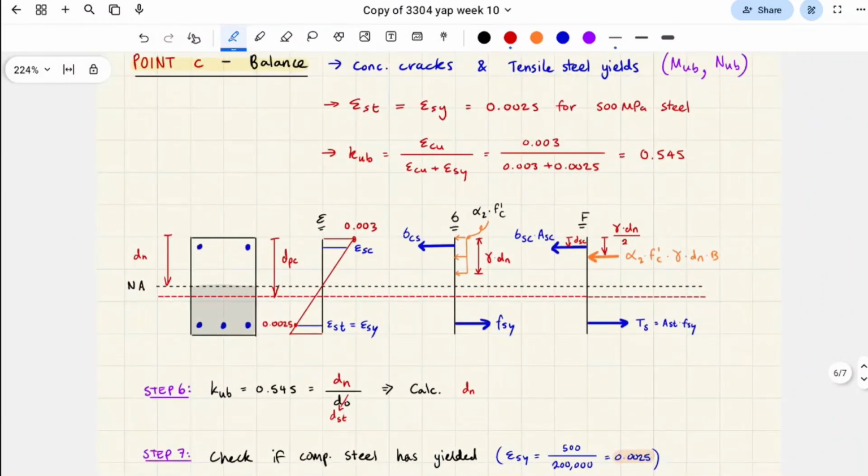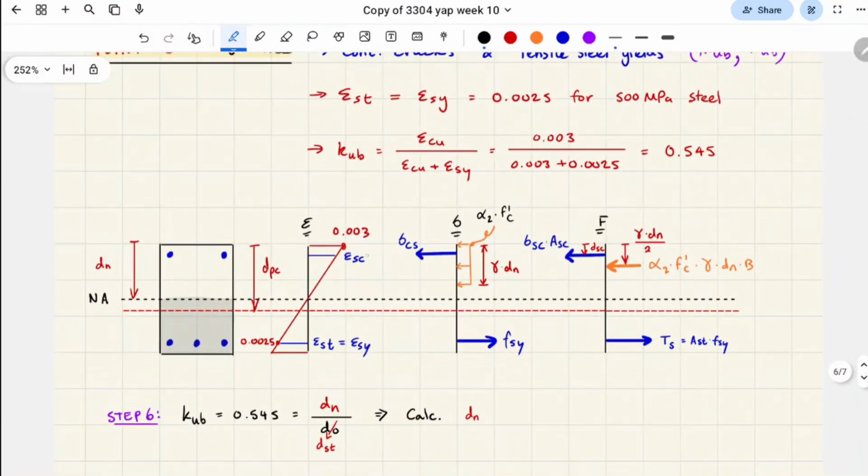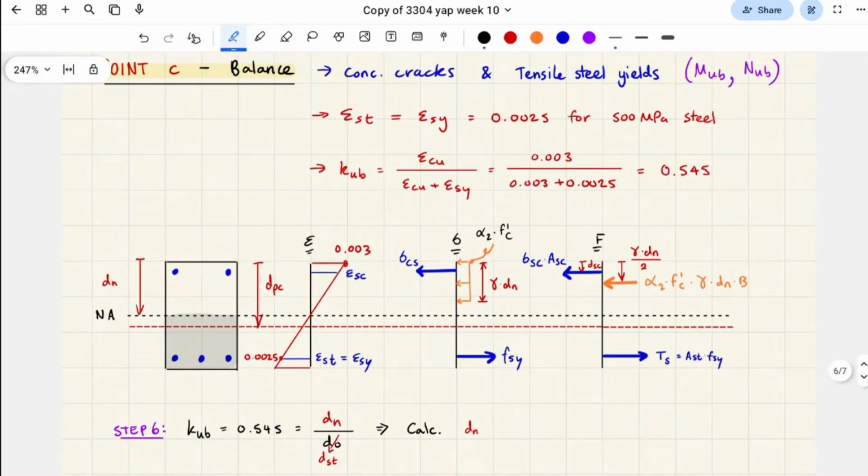Basically, if you look at our strain arrangement, it doesn't quite look like a normal case of bending, which is this. So the triangle's a little bit further down. Bear with me for a second as I think about how to explain this stage.